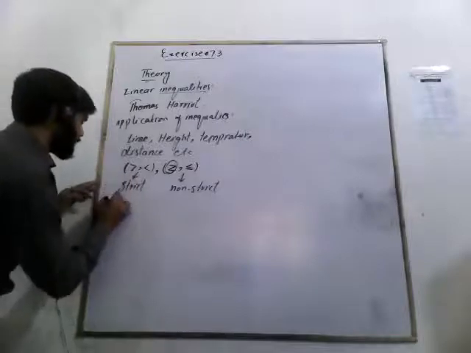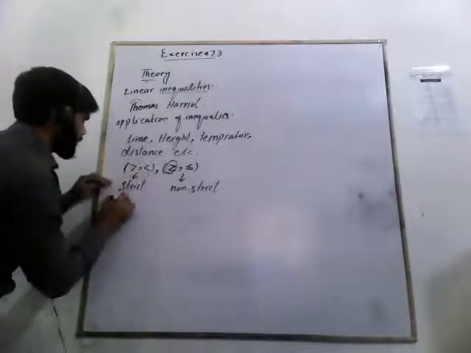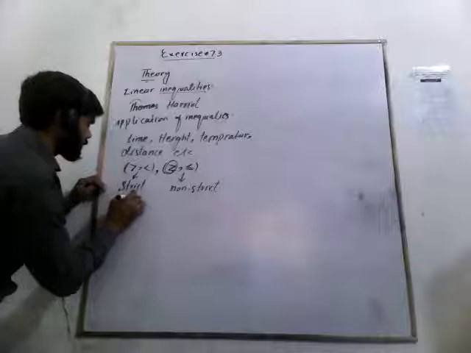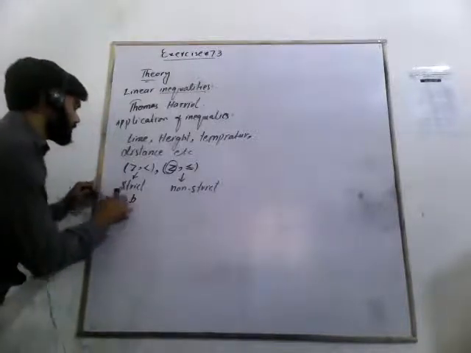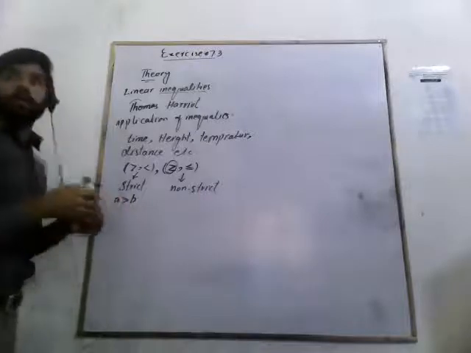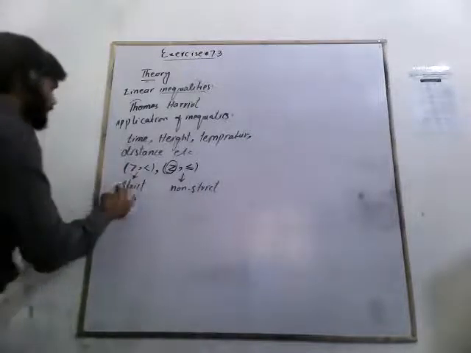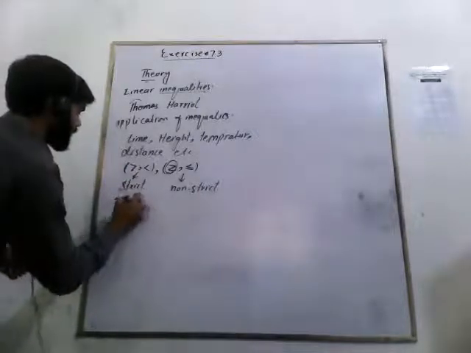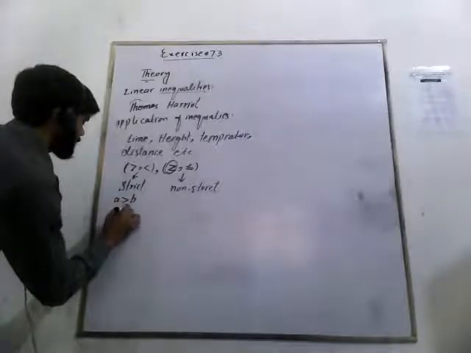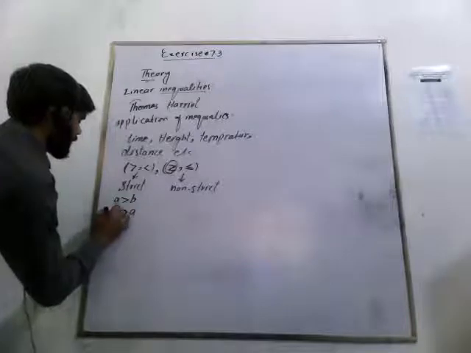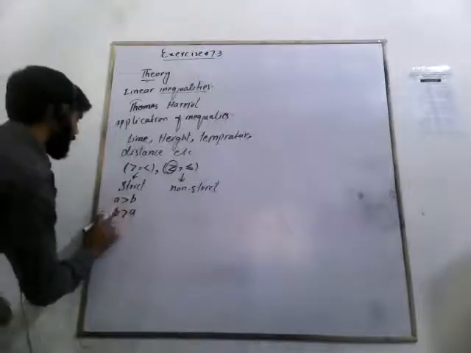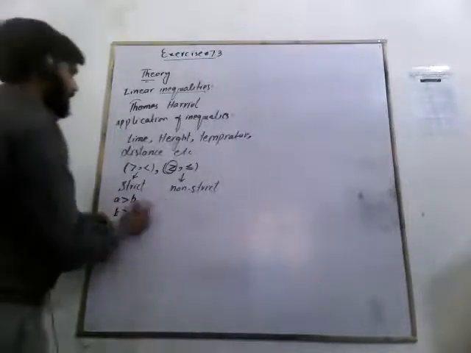So for these two, if A is greater than B, it means A is always greater than B, and if B is greater than A, B will always be greater than A.